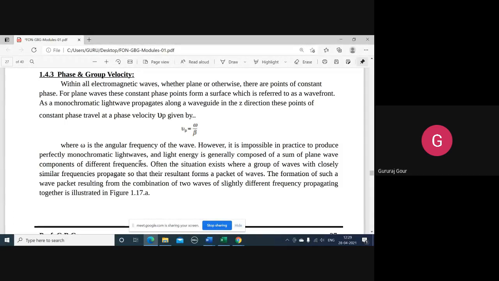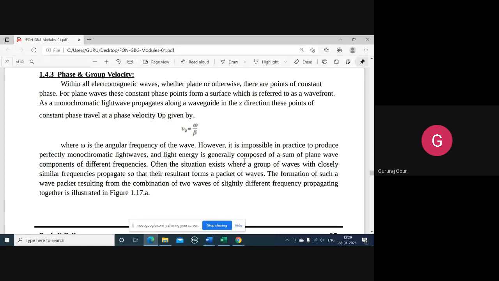This is the practical difficulty, because in theory we are discussing a single light ray traveling in the z direction and indicating its phase velocity by omega by beta. That is the difference between practical and theoretical. Practically we have this limitation; it is very difficult to generate this.